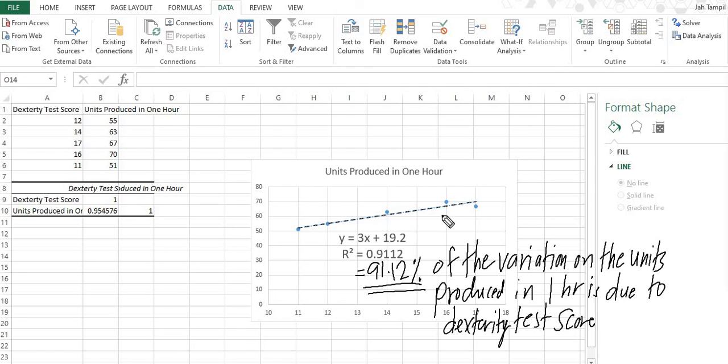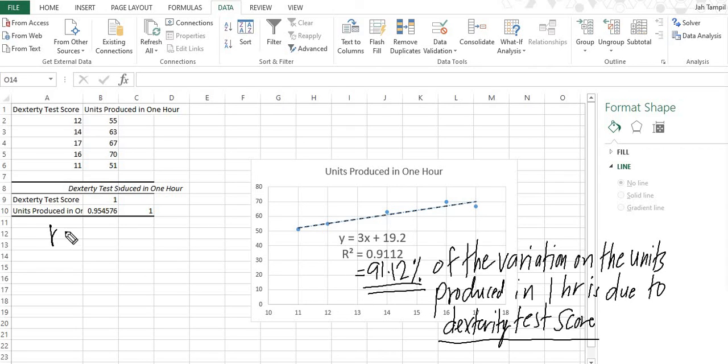Another way of saying this is that 91.12% of the reason why there are different values in our model is actually due to the dexterity test score.